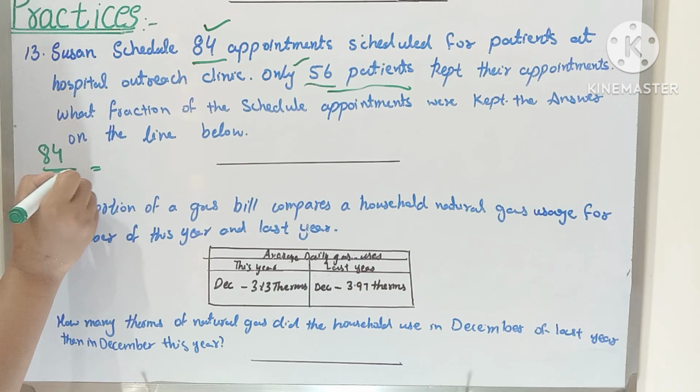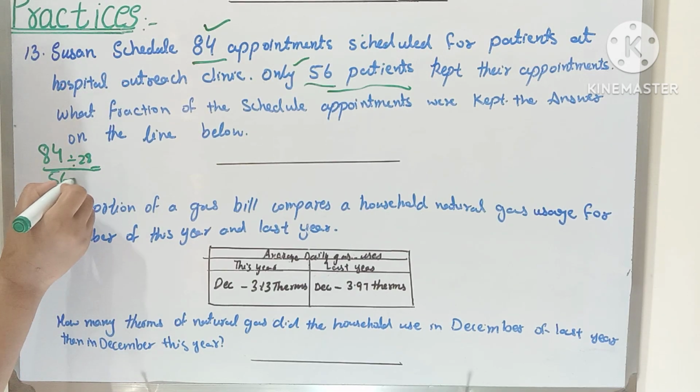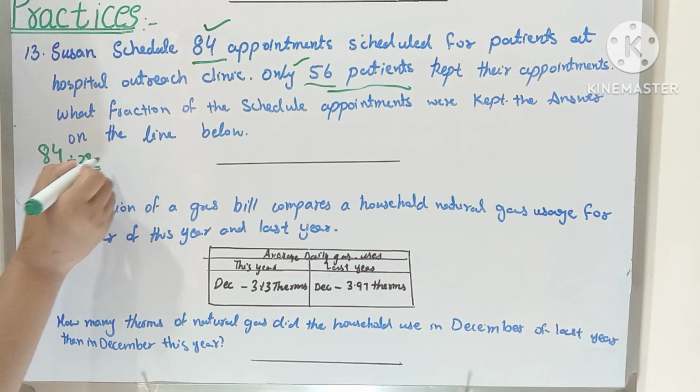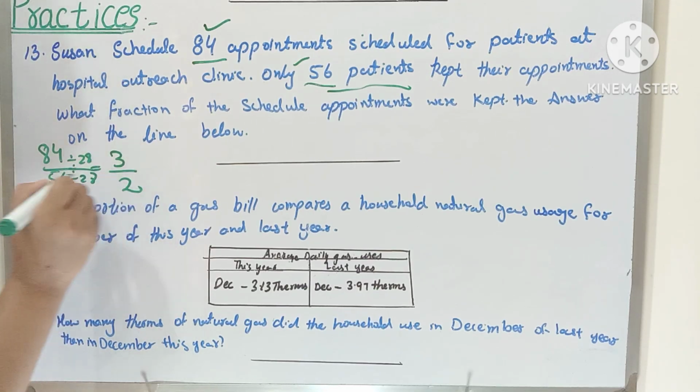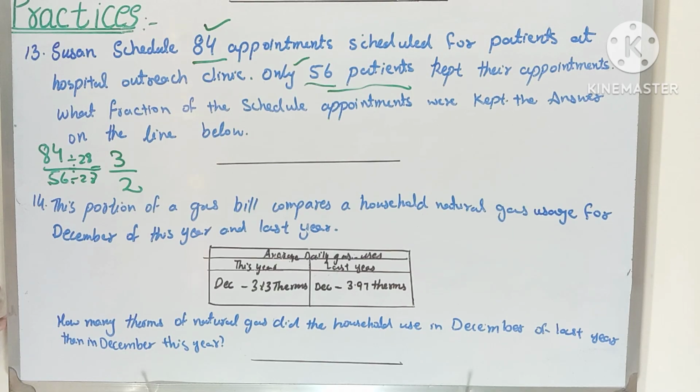When we reduce them, we divide both by 28. 56 divided by 28 gives 2 and 84 divided by 28 gives 3. So when we simplify, my answer is 2 by 3.